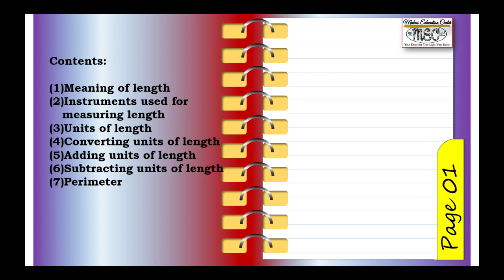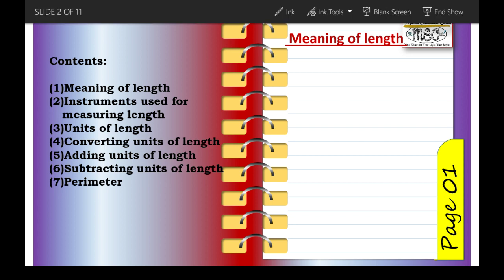Welcome once again. What is length? Suppose that you are having a house and a class. You are having your home and your class, your school. You are having a person and another person. What is length?